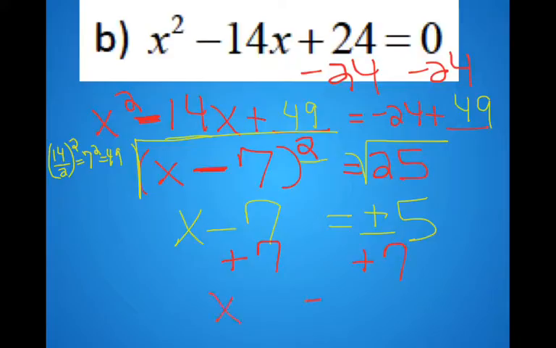So x equals 7 plus and minus 5. However much work you want to show on that, you can see that x equals 7 plus 5, which is 12, and then x also equals 7 minus 5, which is 2. So your answers are 12 and 2.